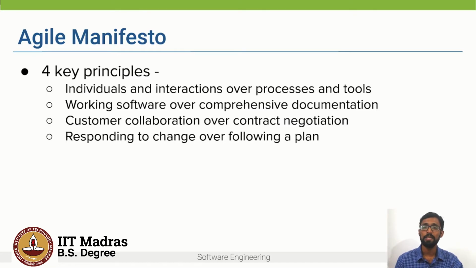And finally, instead of following a strict and rigorous plan, Agile emphasizes responding to change whenever it is required. What the manifesto states is that although the items on the right are valuable, the items on the left are more valuable in the Agile development process.